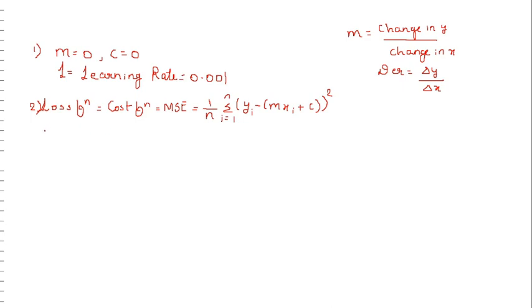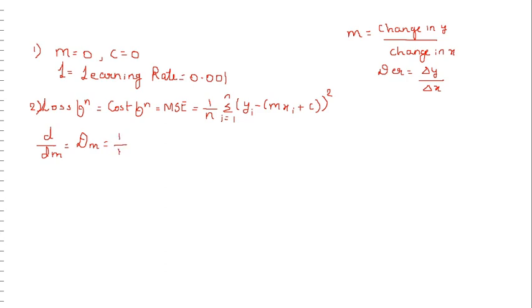So what is our further aim? We need to find the derivative of the cost function with respect to m as well as c. So let us first do it with respect to m. I denote the derivative with respect to m as d by dm, or we can also say simply dm. So let us find the derivative of our cost function with respect to m.